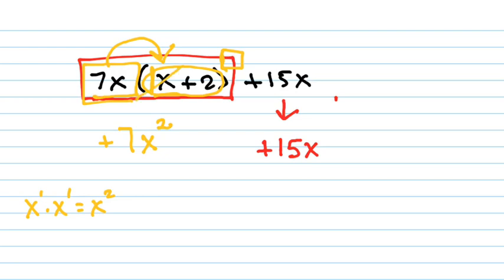Let's multiply with the second term. Okay? So, again, signs first. So positive times another positive is a positive. 7 times 2 is 14. And then, be careful here. X times nothing just stays x. There you go.